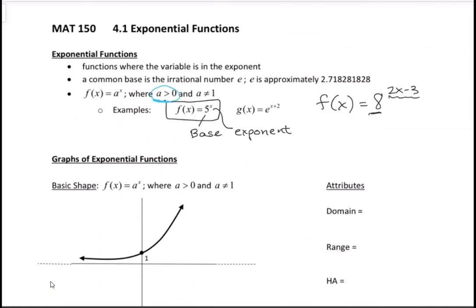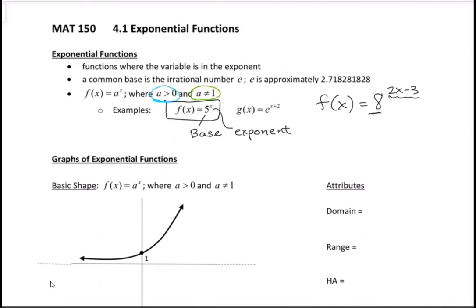We don't want our base to be 0 because 0 to any power is just 0. And we also don't want our base to be 1 because if I raise 1 to any power, I just get 1. So that wouldn't have the characteristics of an exponential function.